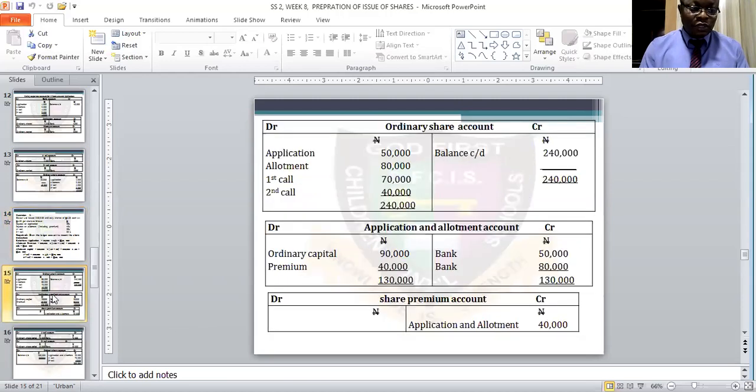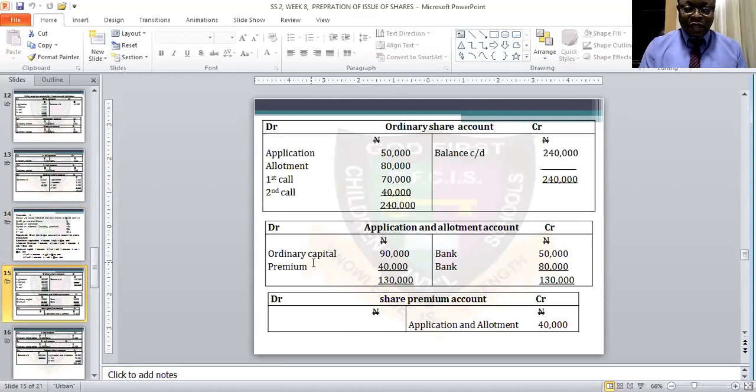So then we are going to prepare the ordinary share account. There we have application 50,000 naira, allotment 80,000 naira. You are going to get this from the workings we have shown you. First call 70,000 naira. Second call 40,000 naira. When you add all this together, we get 240,000 naira. Then we go to the application and allotment account, which is a combination of the accounts.